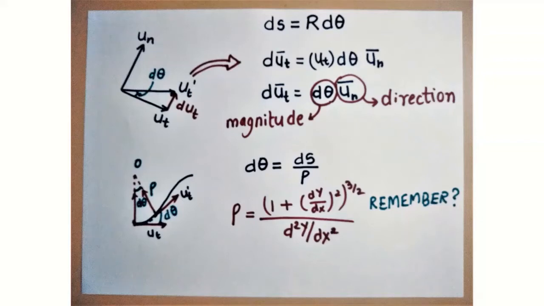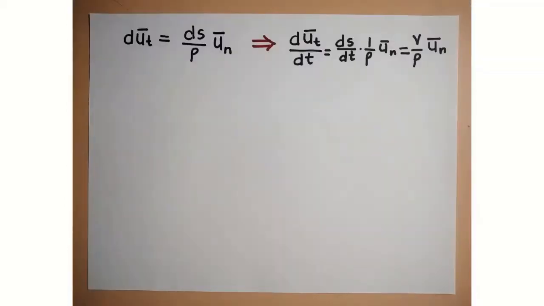We also know that d theta is equal to ds by rho, where rho is the radius of curvature and has this humongous formula which my friend explained and I lazily would not repeat. After manipulation and a bit of rearranging of the terms, we have dut vector as ds by rho in the direction of normal axis. And therefore, the dut vector by dt is v by rho in the direction of normal axis.